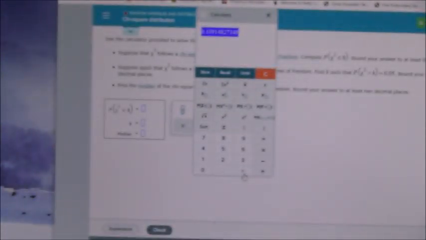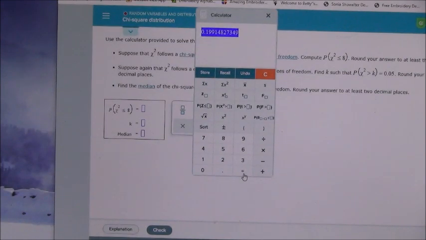If I'm using the ALEKS calculator and I want to go to the left, since our symbol is going to the right, because it's a greater than, I have to do 1 minus. So I do 1 minus the chi-squared, greater than 23 with a degree of freedom of 22.